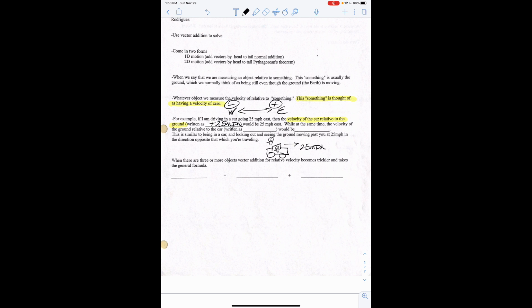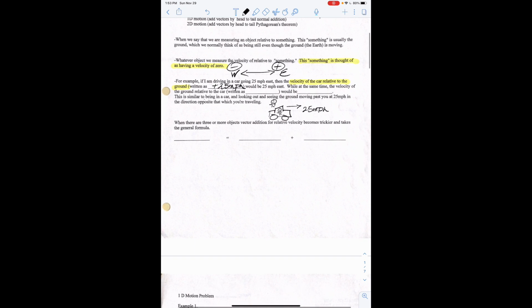All right. While at the same time, the velocity of the ground relative to the car. When we say the ground moving relative to the car, now we think about somebody maybe in the passenger seat. So maybe this person in the car that's not happy is the passenger, and they aren't driving, so they're able to look outside at the ground.